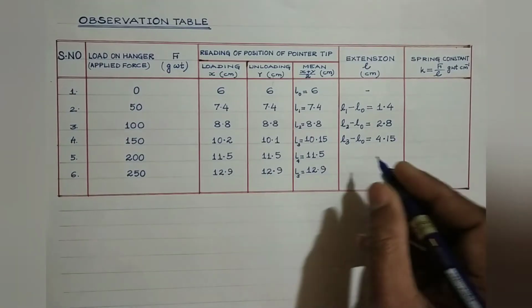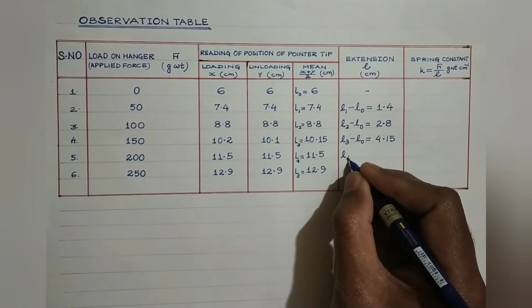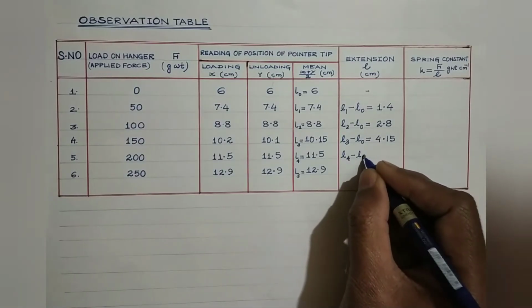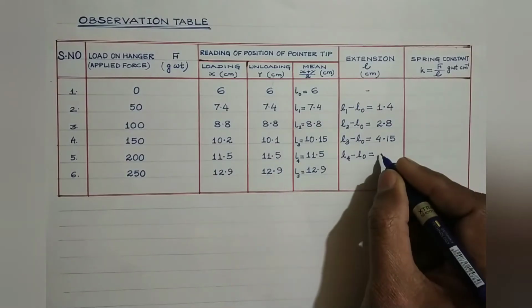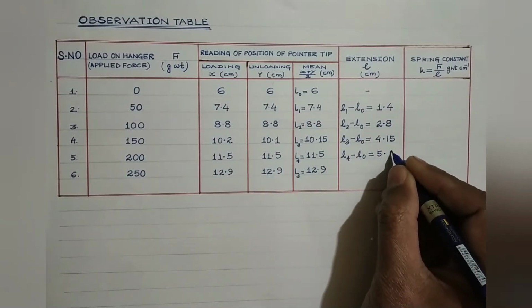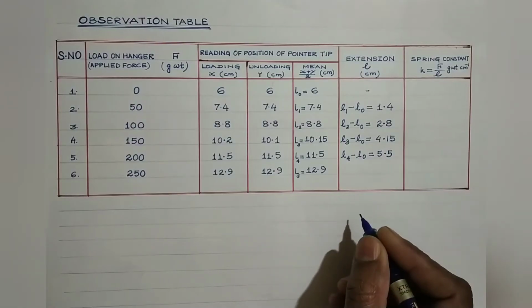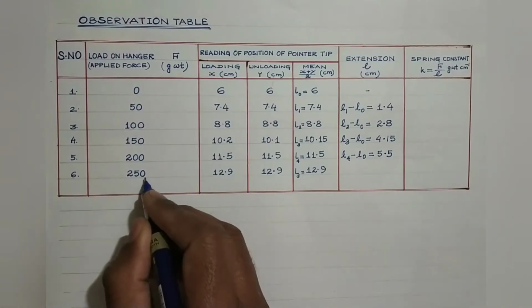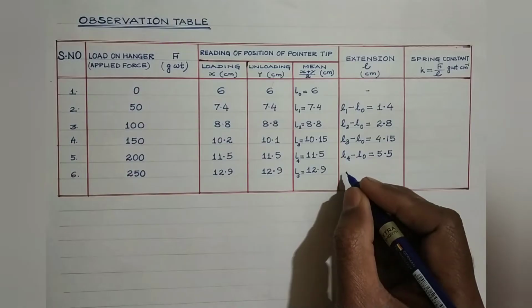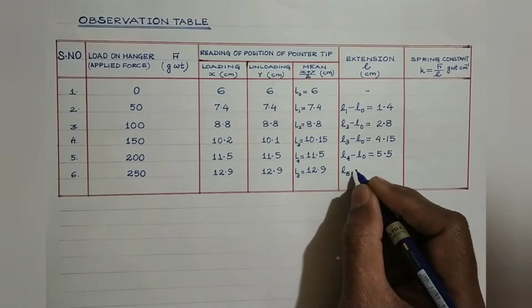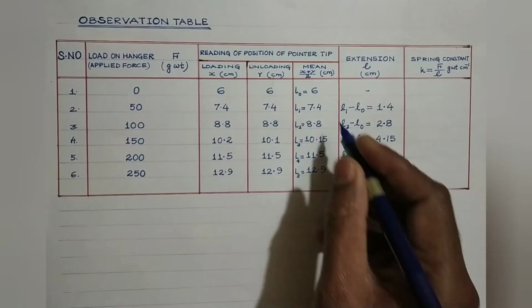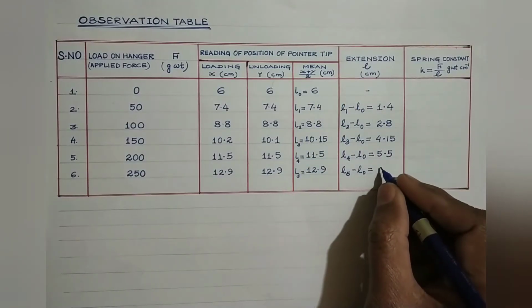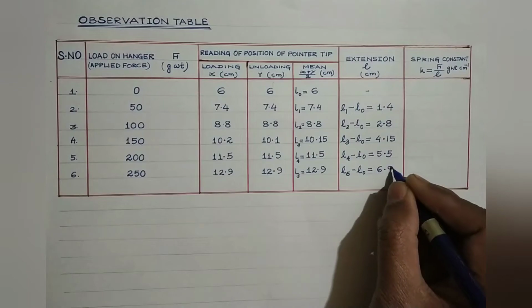Corresponding to 200 gram weight, the extension would be L4 minus L0, that is 11.5 minus 6, which gives us 5.5 centimeters. And corresponding to 250 gram weight, the extension of the spring would be L5 minus L0. That comes out to be 12.9 minus 6, which is 6.9 centimeter.